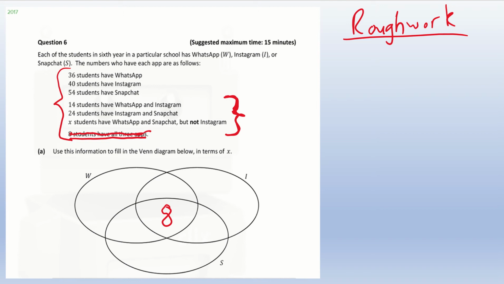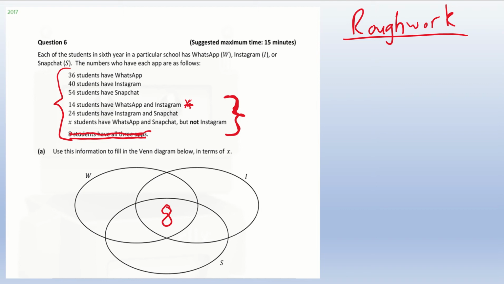So what I'm going to do is start at the first one here, WhatsApp and Instagram, and work my way down, because I want to talk about the last one, the students that have WhatsApp and Snapchat but not Instagram, at the end. I want to get this one here done first. So 14 students have WhatsApp and Instagram.